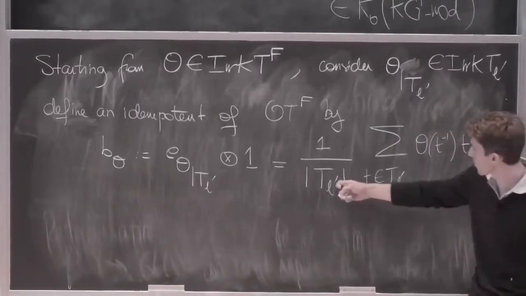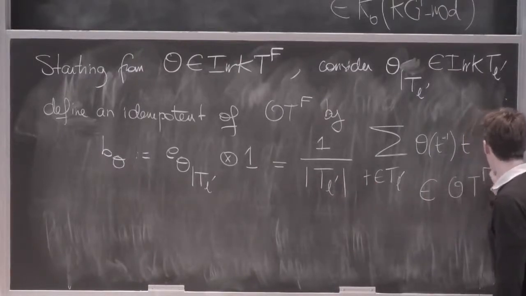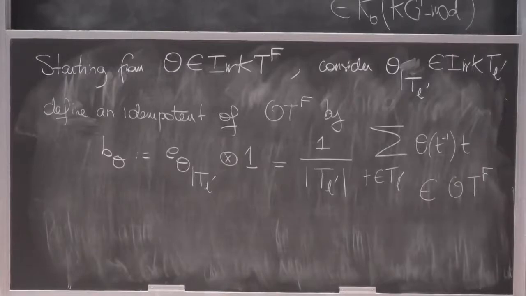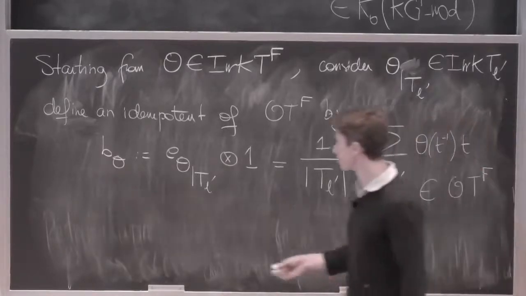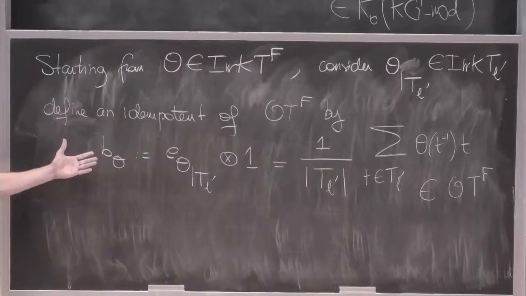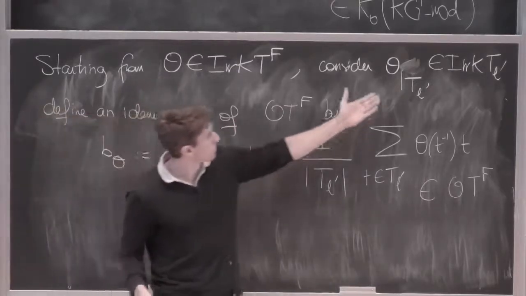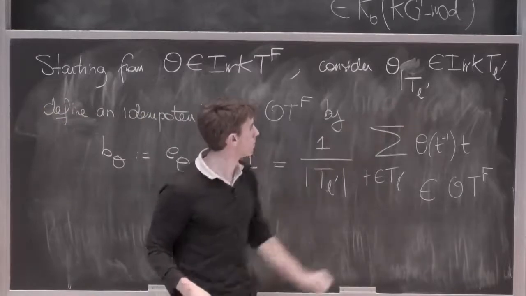Because we're working with an L prime group here, this is really an element of OTF. You can check that it's an idempotent, that it's central. This is the one that will give you the block. So this is the block idempotent, and you can see from that definition that what really matters is not the character theta itself, but really its restriction to L prime.